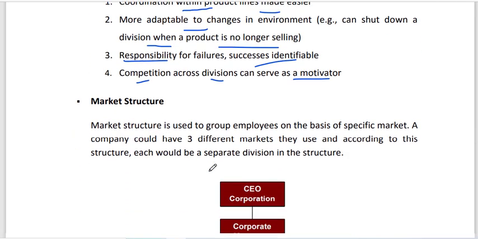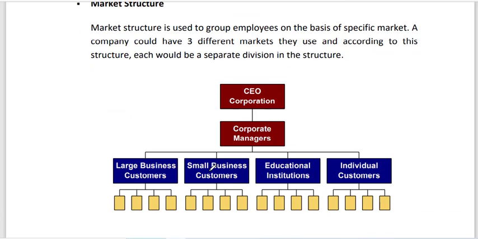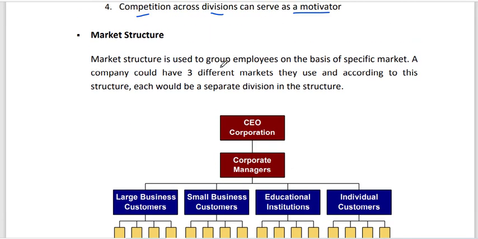Next, second is market structure. As the word says, market structure is used to group employees on the basis of a specific market. A company could have three different markets they serve, and according to this structure each would be a separate division.